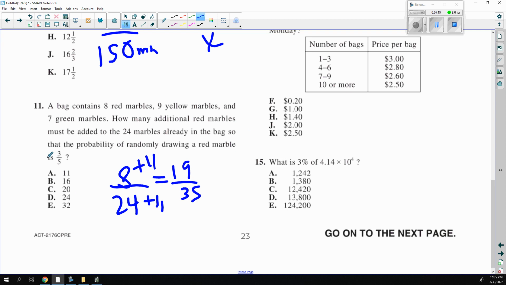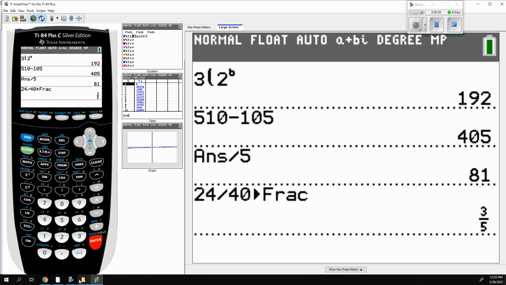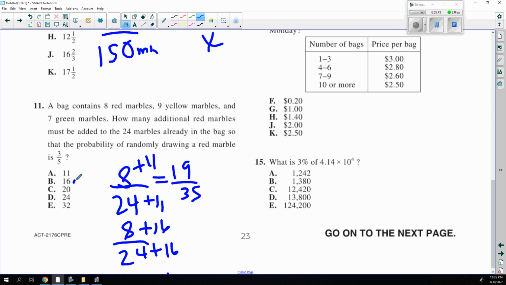That is not 3 over 5. 16 is the correct answer. If we add 16 to the top and bottom, we would get 24 out of 40. Math frac would give me 3/5. 16 is the answer.